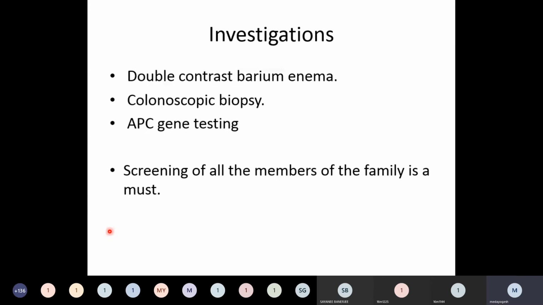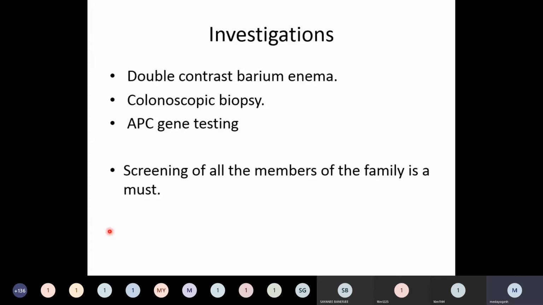But the problem is that we were not able to take a biopsy in such cases. So colonoscopy is the gold standard investigation for the diagnosis of FAP, as it aids in taking a biopsy. But the conclusive diagnosis will be obtained only after what is called APC gene testing.